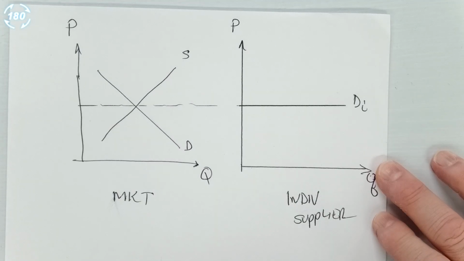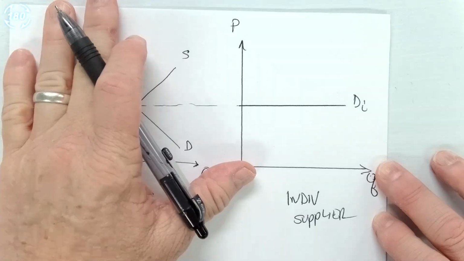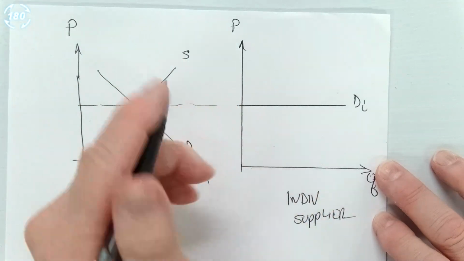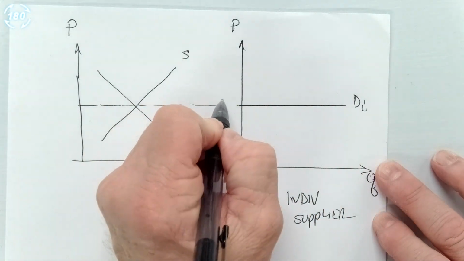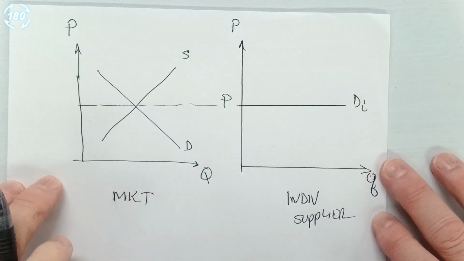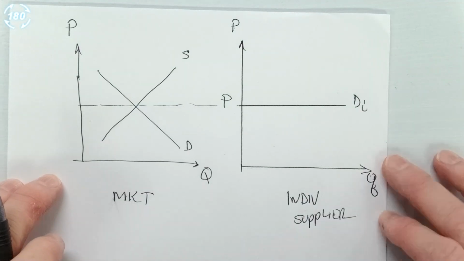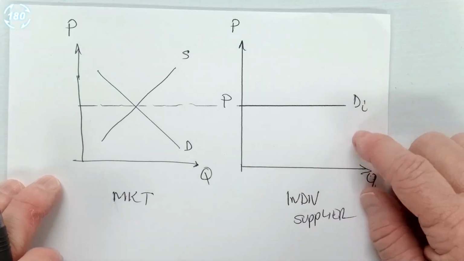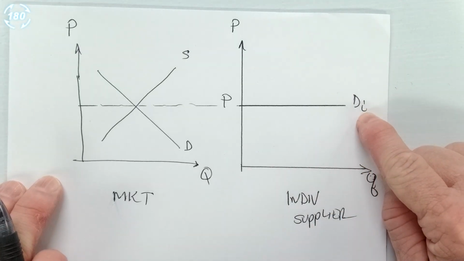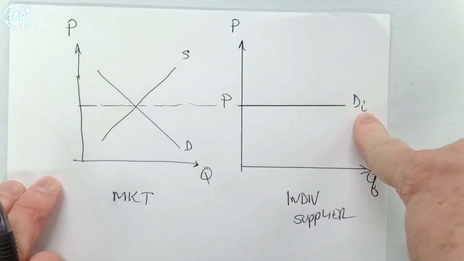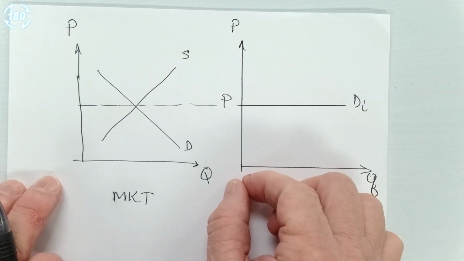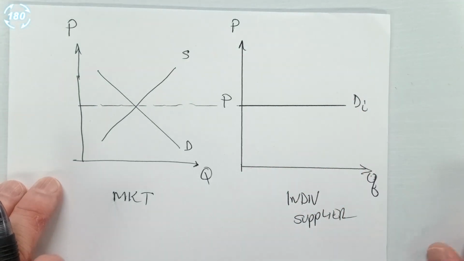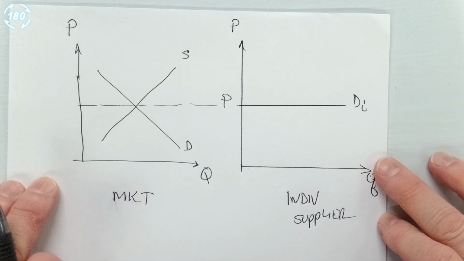What I'm saying is this: whatever's happening in the market sets a price, P if you will, that the individual supplier has to accept regardless of the quantity they bring to market. So this is called an individual demand curve. This is what the market will pay for every bushel of wheat the wheat farmer brings. Every bushel sells for the same price, and it's the price set by the market.